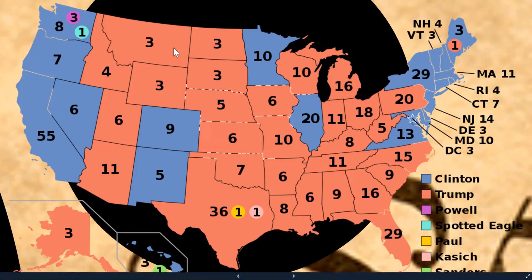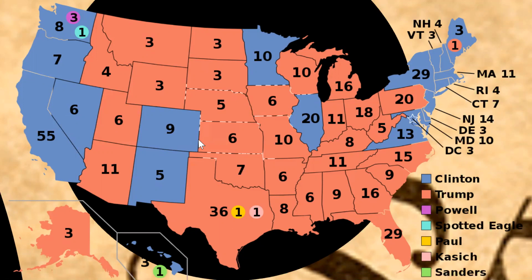Look at all the states that Trump won. And look how few Clinton won. So if we went by the popular vote, we would see that the entire country is not really represented properly by going by the popular vote. And the fairest way that we thought to do that, to give these less popular states a say in the presidential election, is this electoral college system.